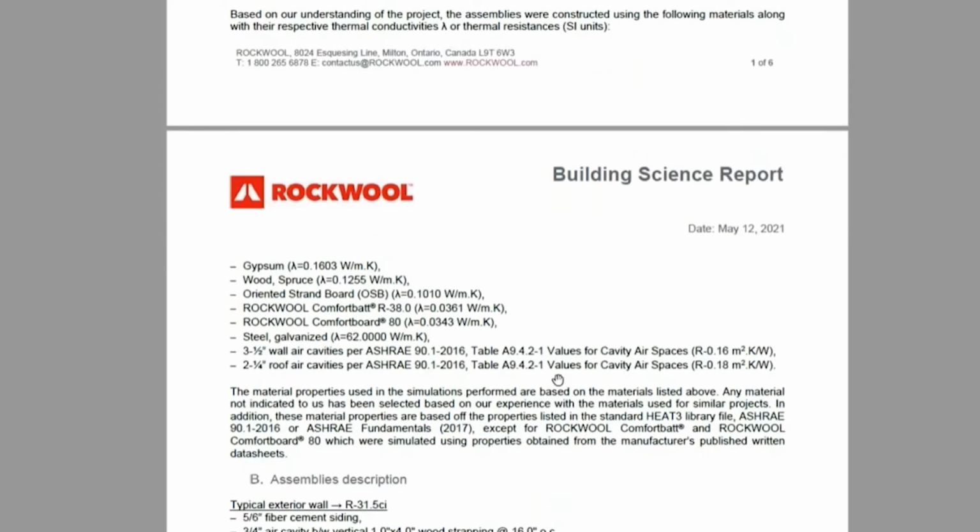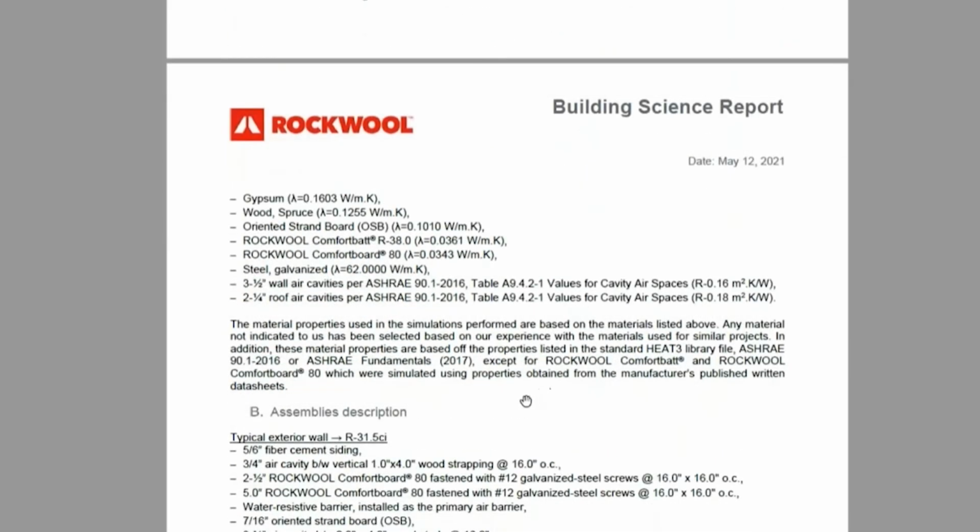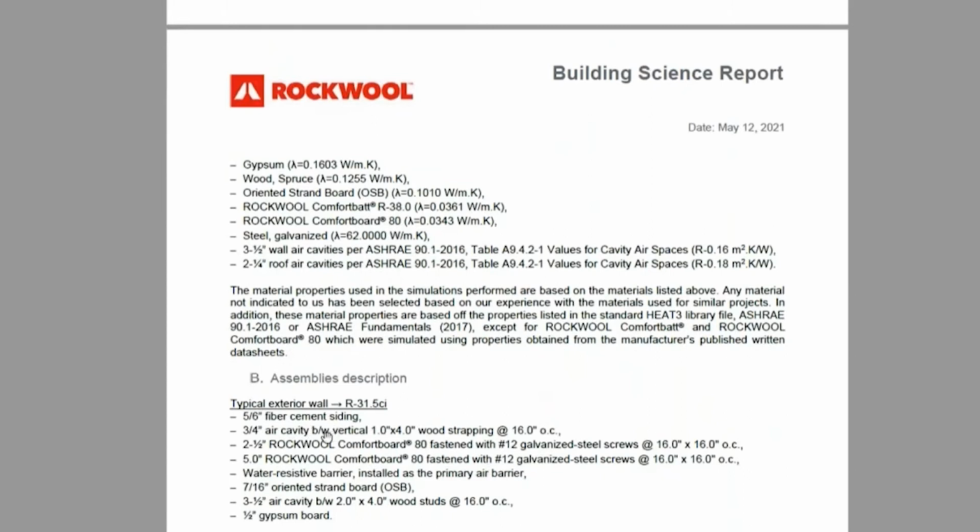If you scroll down a little bit more, we list the assemblies, which were designed based on the design that was provided to us by Chris. We list each material and its thickness, and also comments on how these materials are attached. For example, we have the fiber cement siding, then an air cavity, and we will state that it is between the wood strapping and the spacing of the wood strapping.